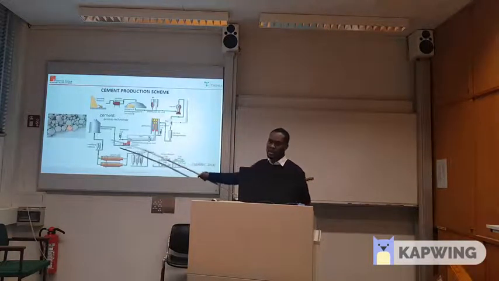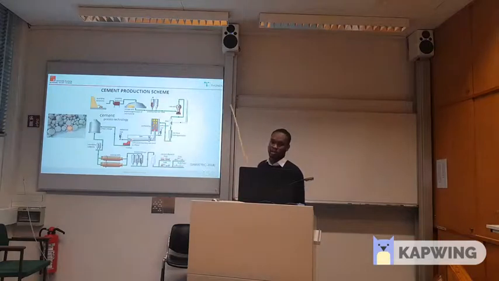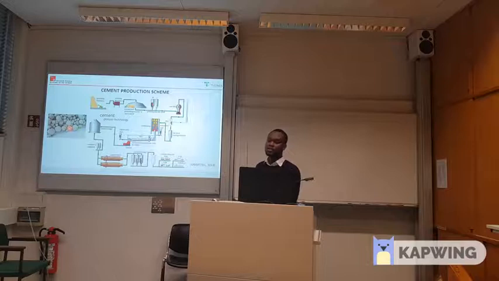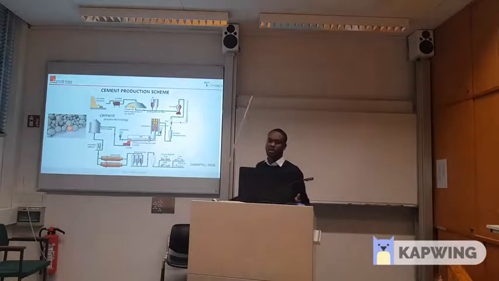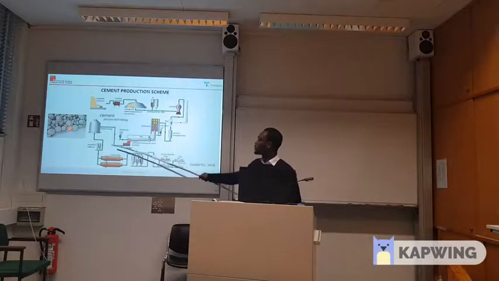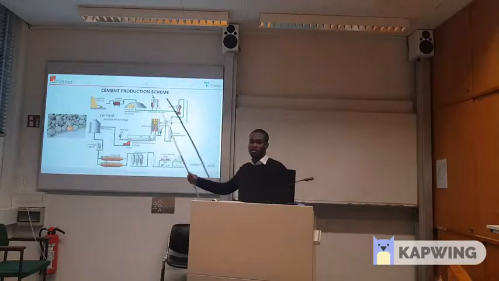Normally we add 3 to 5% of gypsum. In some companies, they also add sodium oxide or potassium oxide as an additive. Sometimes the raw material comes with potassium oxide or sodium oxide, but the main additive here is gypsum because there is no gypsum from the beginning.